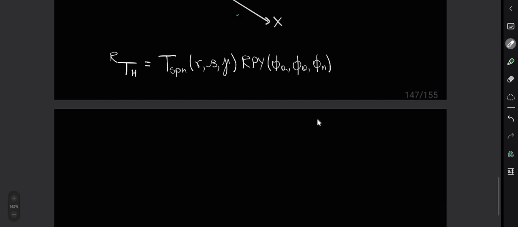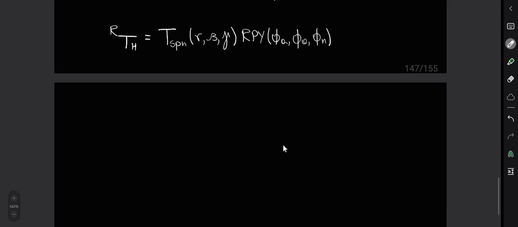Okay, and now I will look for the information. In order to solve this, we will multiply by a rotation about the A axis with angle phi A, and we will apply this inverse transformation.